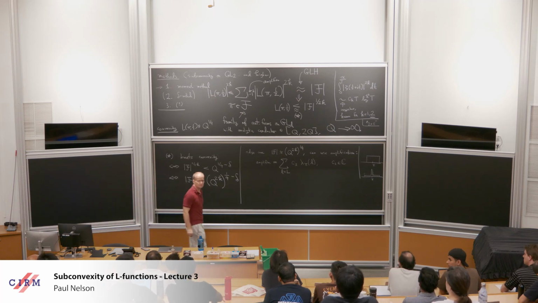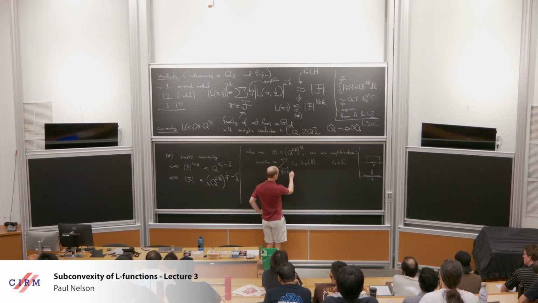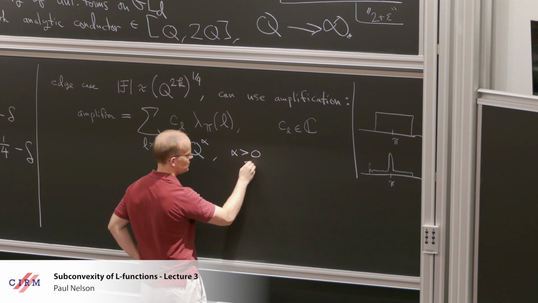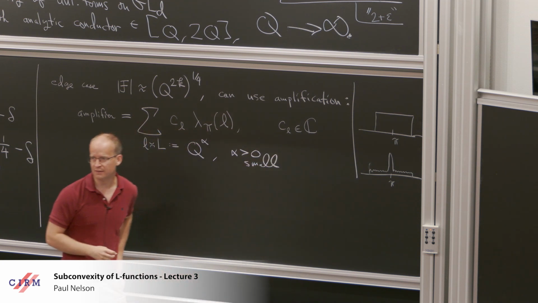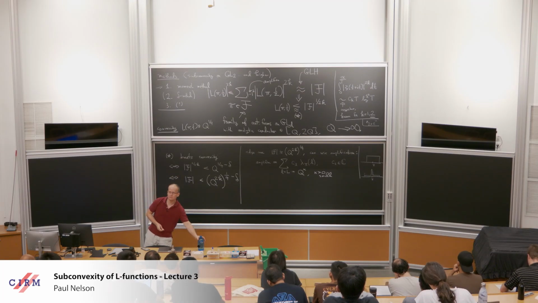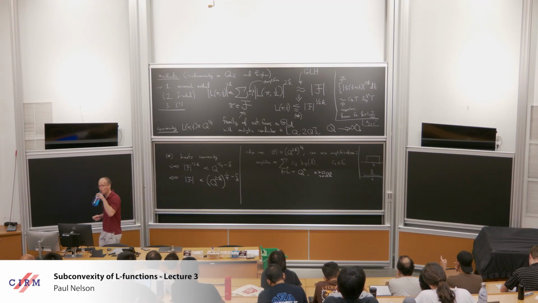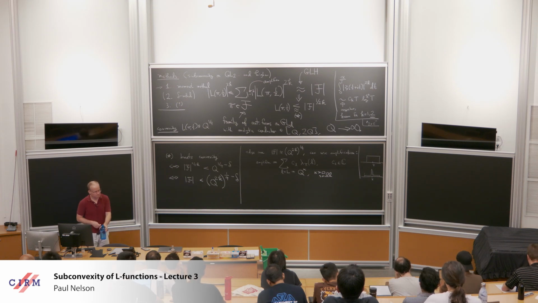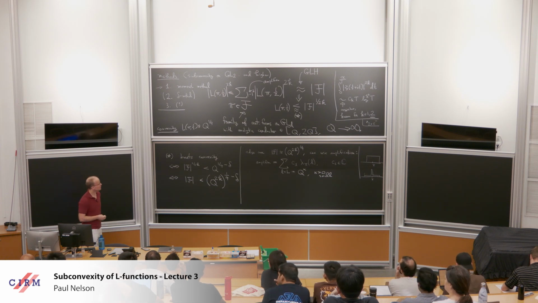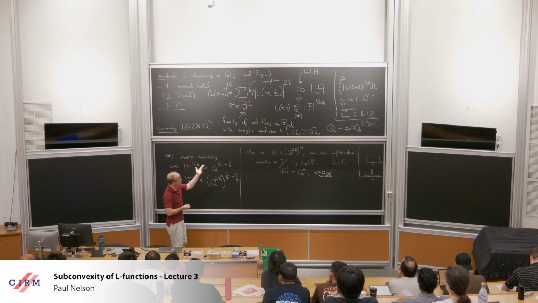Sorry, you asked what is capital L? So capital L in practice will be something like Q to some very small parameter, maybe call it alpha or something like that. Yeah, Q is a parameter that we just choose, but we might choose it exactly equal to the analytic conductor of pi.